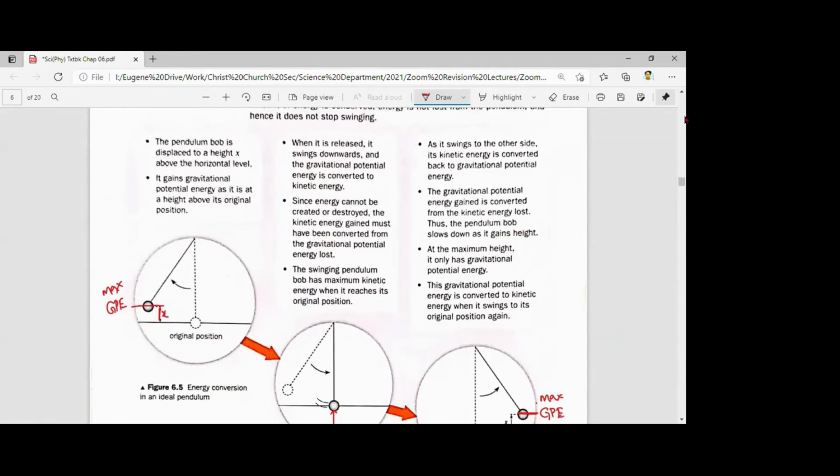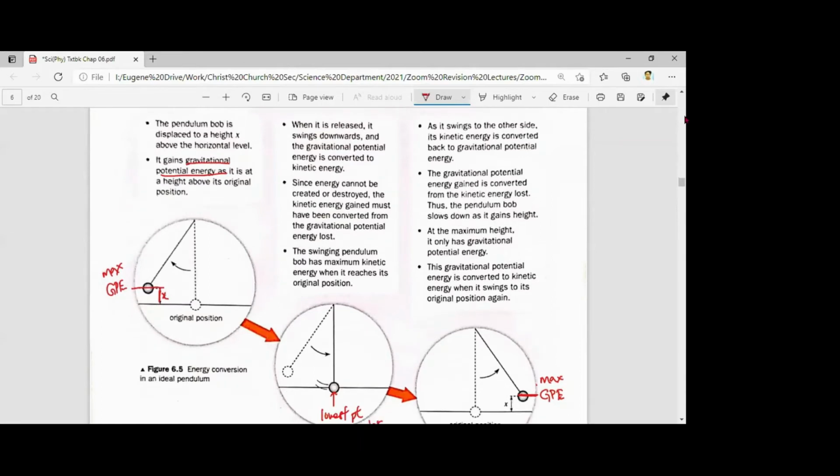Now, I'm going to run through the text above. The pendulum bob is initially displaced to a height X above the ground, so it gains GPE because it is above the original position. When it's released, swinging downwards, the GPE is converted to KE. The GPE is lost, the object moves faster and faster, that's why KE is gained.